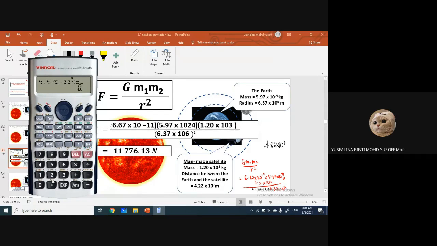We calculate again. 5.97 exponent 24, times 1.2 exponent 3. Divide by 6.37 exponent 6, and square it.